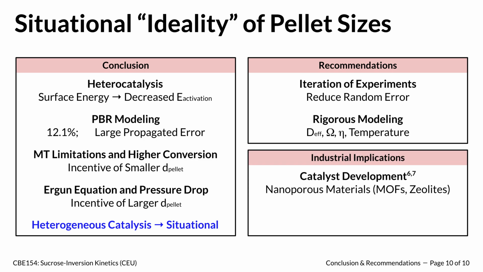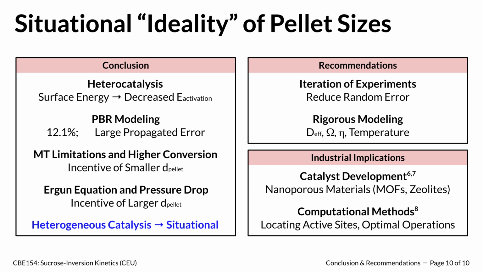It is also important to link our learnings from this experiment to industry. While Amberlyst 120, the catalyst that we used in the experiment, was very effective and provided highly effective catalysis for sucrose inversion, it is also important to further develop far more effective catalysts, and currently researchers are conducting a lot of experiments on porous materials such as metal organic frameworks, denoted as MOFs here, and zeolites to maximize product yield.